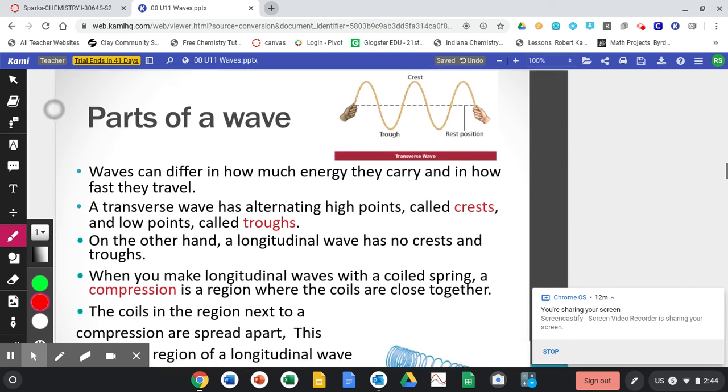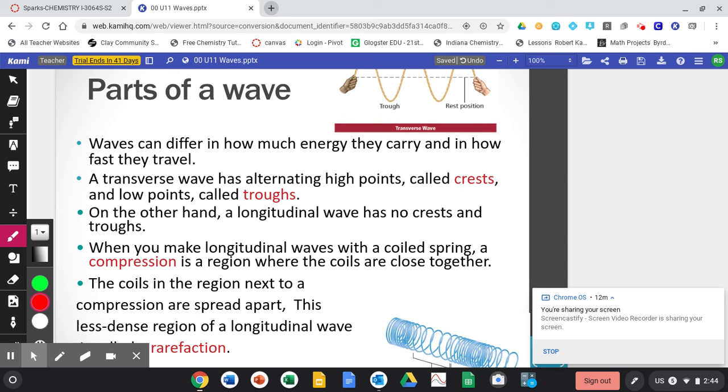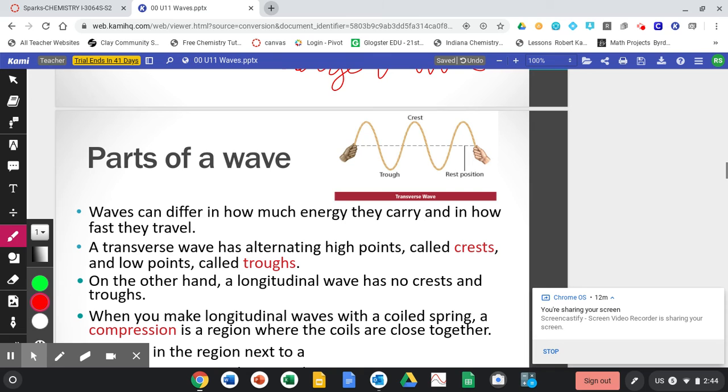Okay, parts of a wave is what I want to get to. I started to already kind of go over this, that you've got crests and troughs. This midline is called your rest position. And then from these two segments here to here, that's called the amplitude.